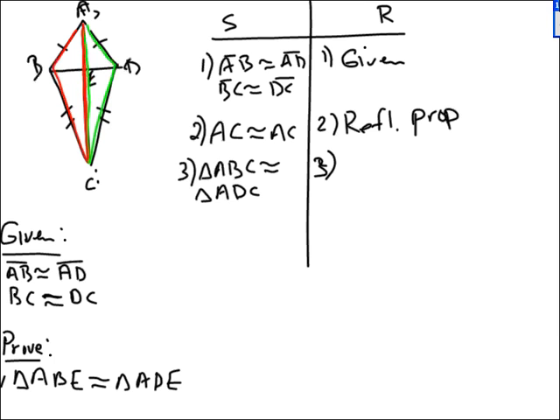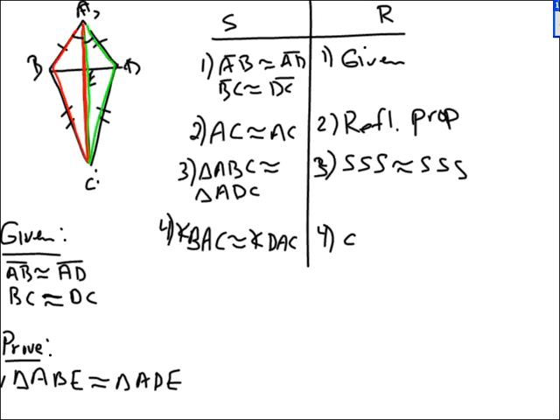And the reason is SSS. Now I'm going to say that this angle here and this angle here by angle A are equal. I'm now going to say that angle BAC is congruent to angle DAC. The reason is corresponding parts of congruent triangles are in fact congruent.